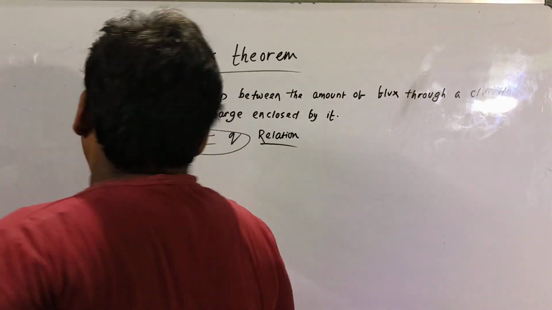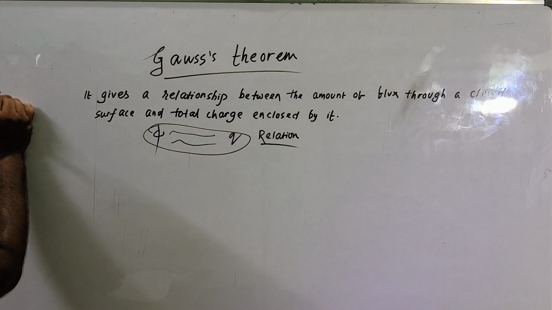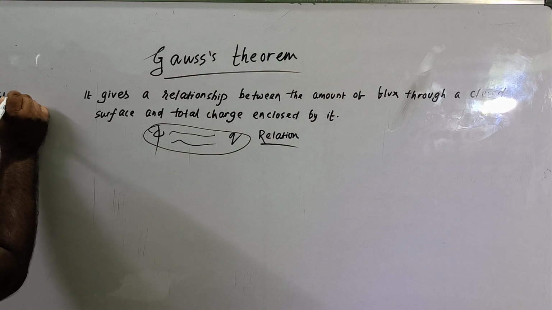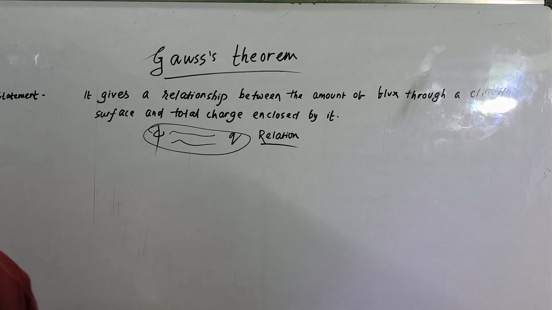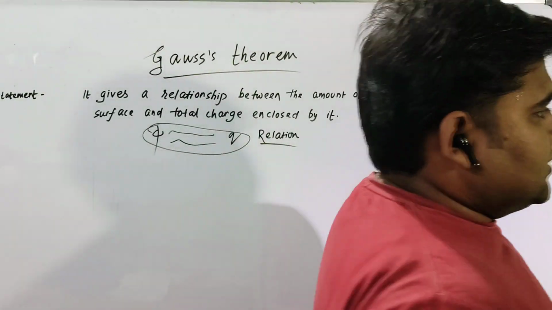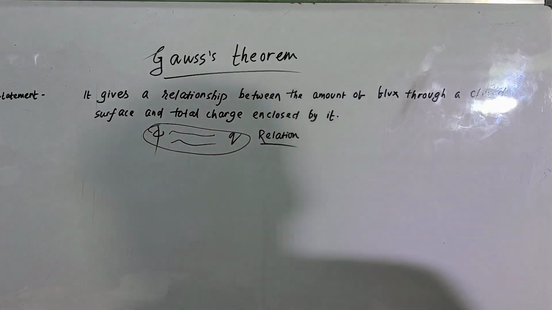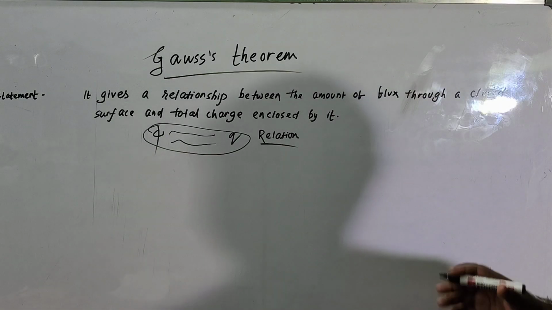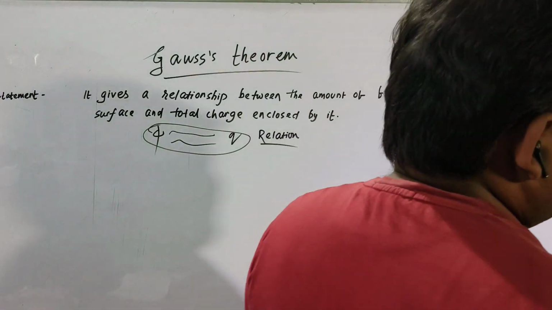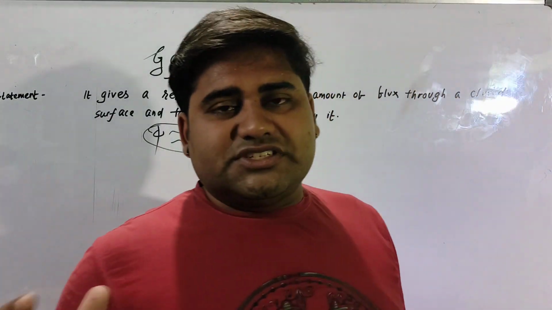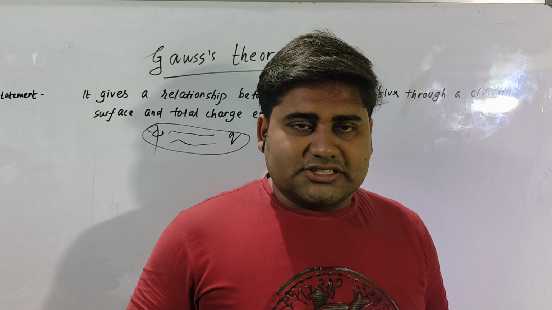It gives a relationship between the amount of flux through a surface and the charge enclosed by that surface. So from this statement we get to know that there is some relation between electric flux phi through a closed surface and the total amount of charge enclosed by that closed surface.